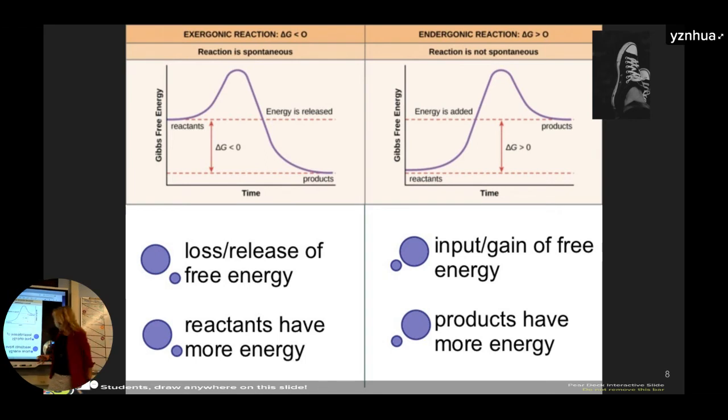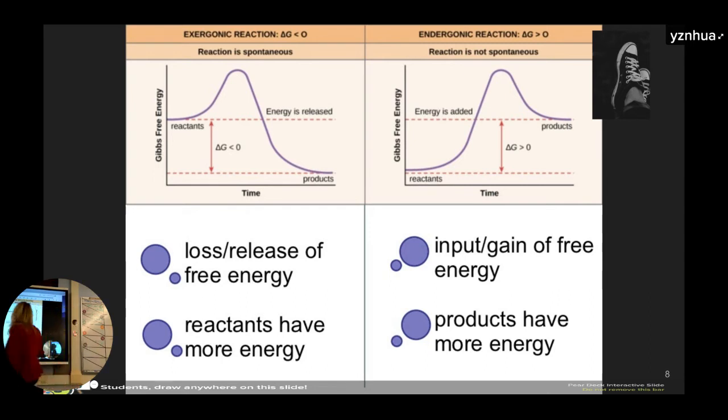On a quiz or a test, the hurdle right here is the energy of activation. I think you can remember that graphic I had when I was first presenting this, but this right here is the delta G. For delta G, you just look at the difference of final minus initial. You don't look at the energy of activation.